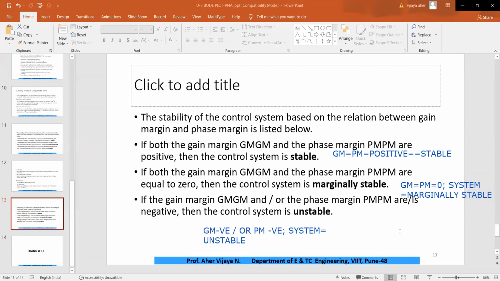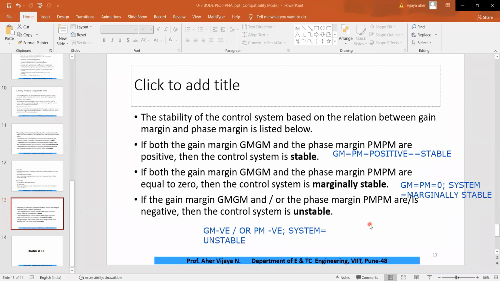Again, I am repeating in short: when both gain margin and phase margin have positive values, your control system under consideration is a stable system. Second condition: when both gain margin and phase margin are equal to 0, the control system under consideration is said to be marginally stable.